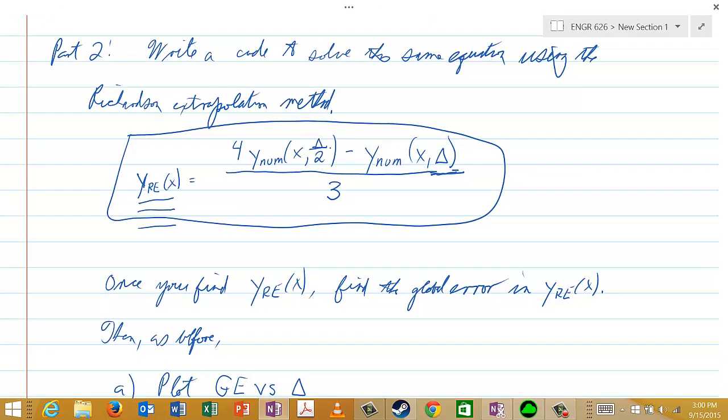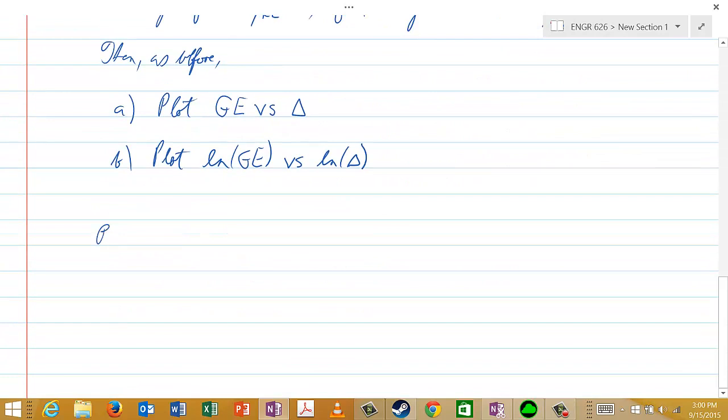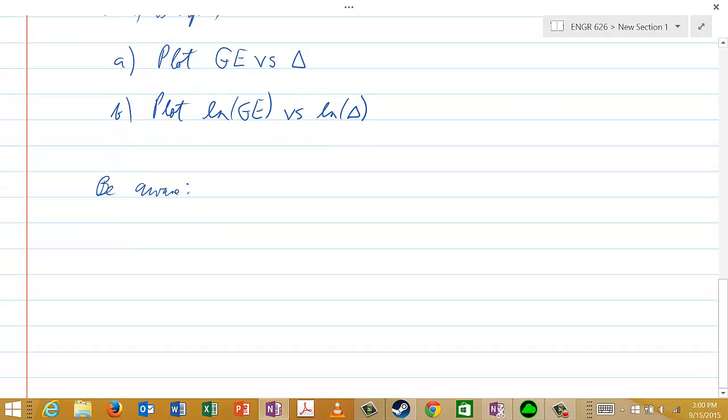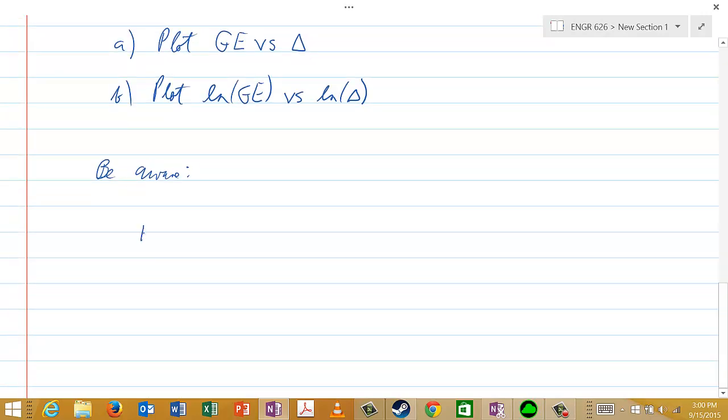But there's one trick here that you need to be careful to notice. So I'll say be aware. Let's say that you're at some stage in the looping process where your mesh looks like this.